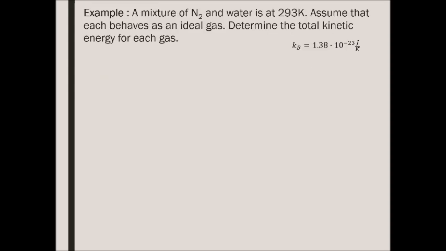that we can store. So here we have a mixture of nitrogen and water at 293 Kelvin, and we assume that each behaves as an ideal gas. Determine the total kinetic energy for each gas.